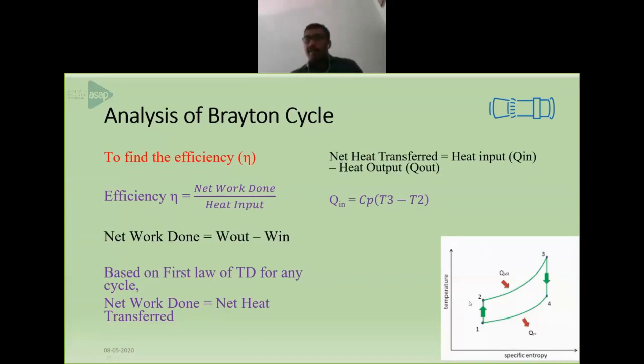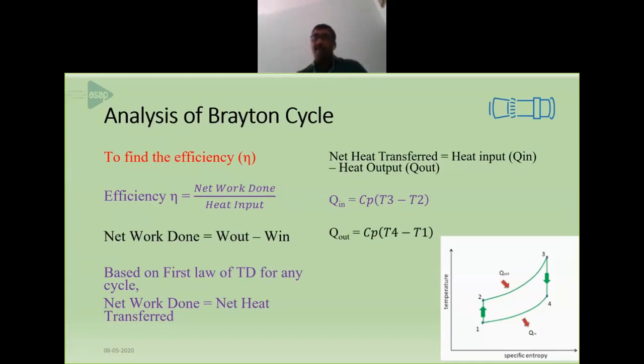Q in is actually related to a particular constant pressure process, say 2 to 3. For any constant pressure process, heat is equal to mCp delta T. You know that. So for unit mass flow rate, you can say Q in is equal to Cp into T3 minus T2. Similarly, what is Q out? Q out is the heat rejected during the constant pressure process, that is 4 to 1.